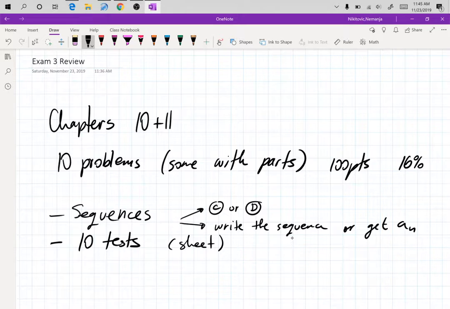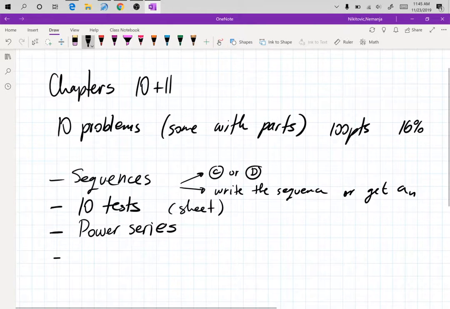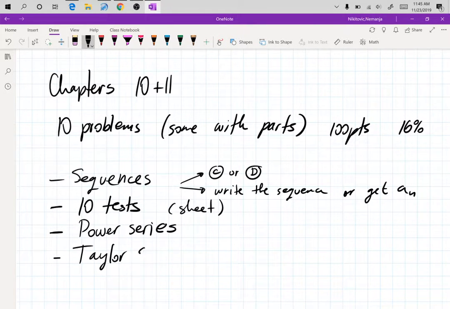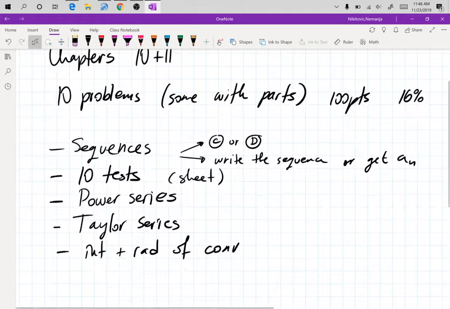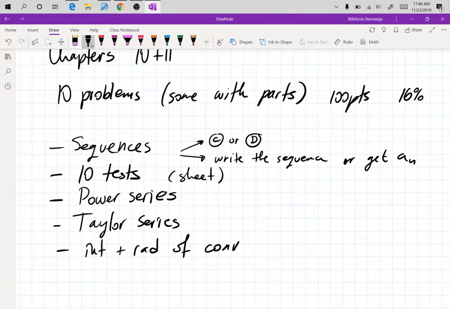So sequences, and then 10 tests, and then you have power series, you have Taylor series, you have interval and radius of convergence, and you have, I spelled it with C's, calc of power series.